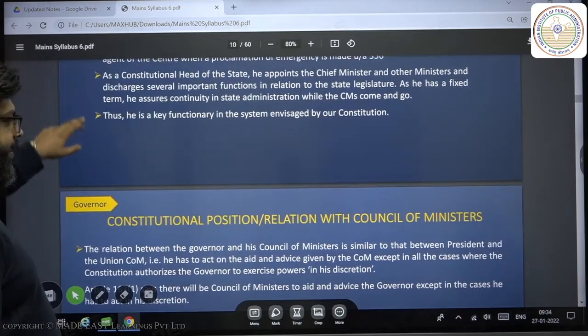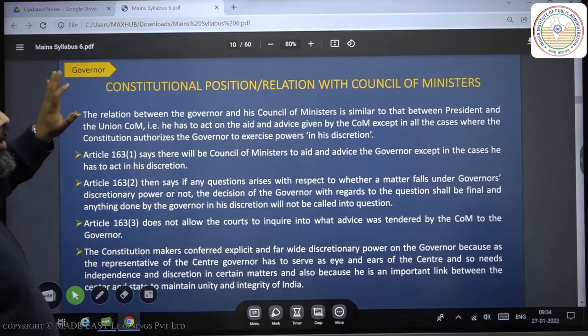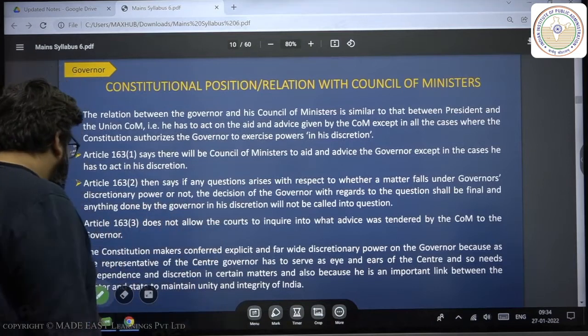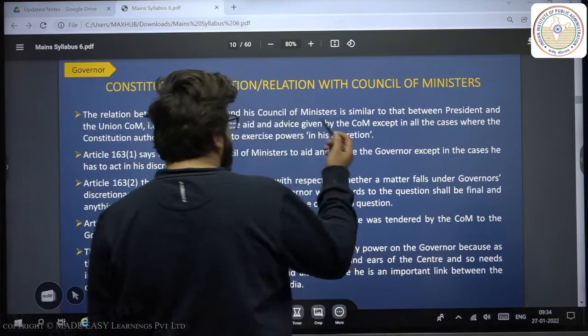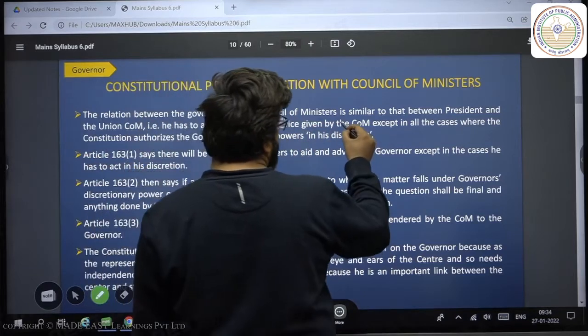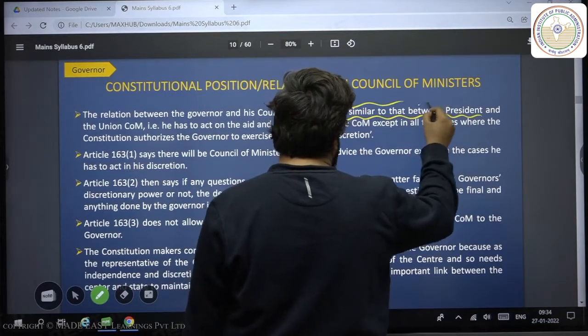Now, let's understand what is the relationship that the governor has with the Council of Ministers. Firstly, it is important for you to know that the relationship that the governor has with the Council of Ministers is very, very similar to that of the president, right?